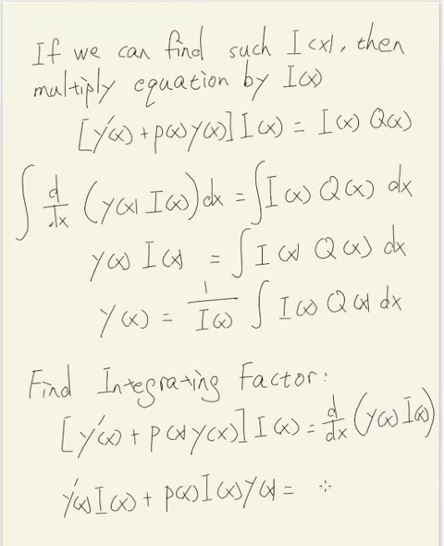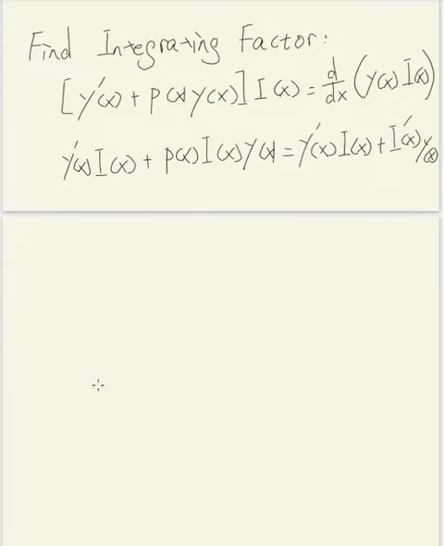By product rule, the right-hand side equals y prime of x times I of x plus I prime of x y of x. So we just applied the product rule and turned this into this.